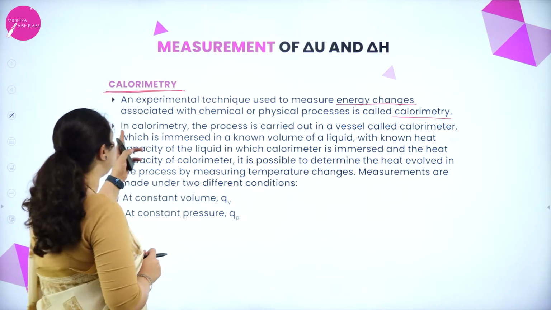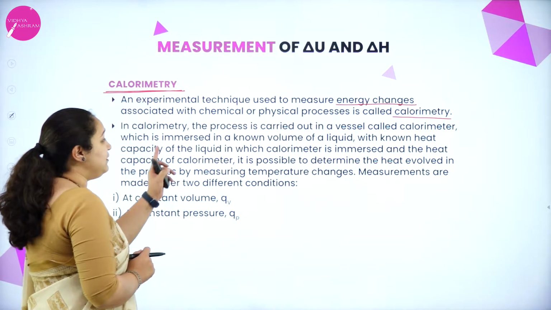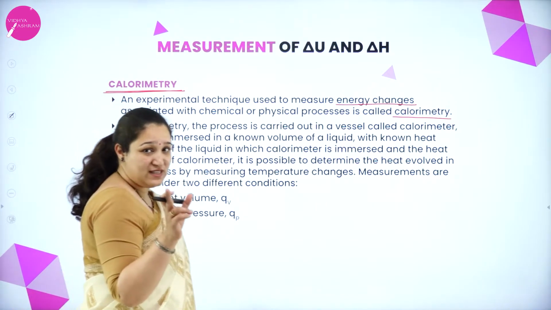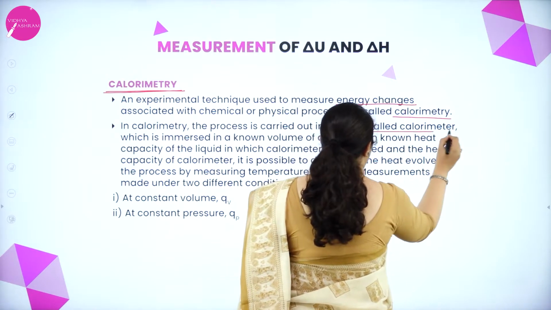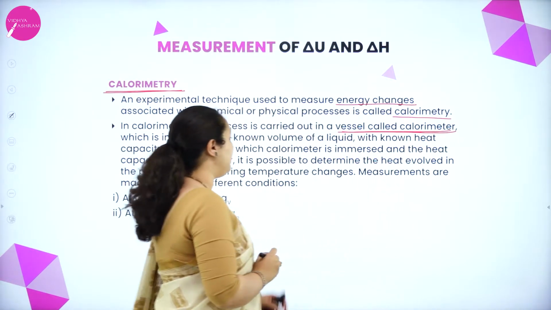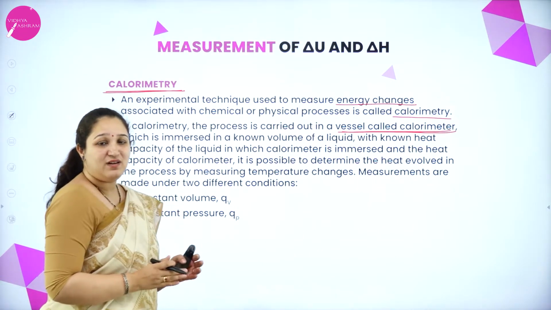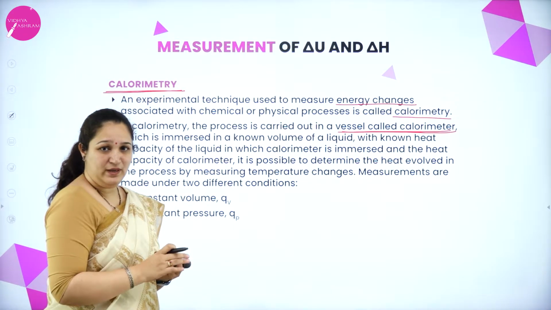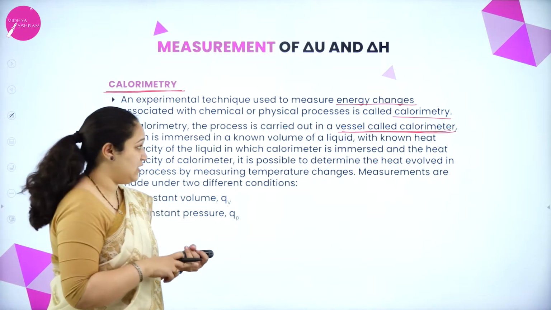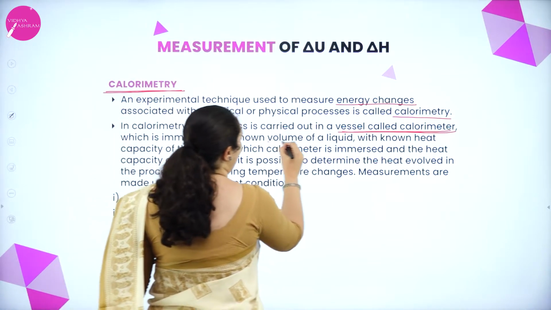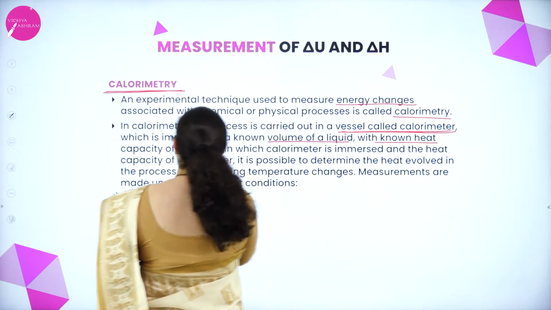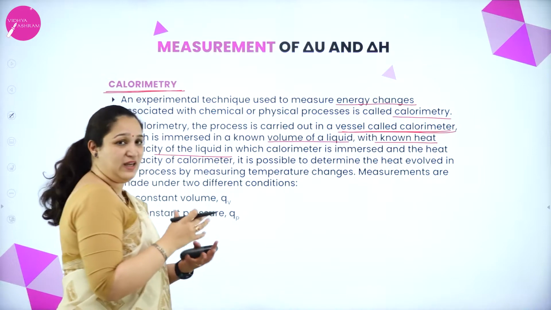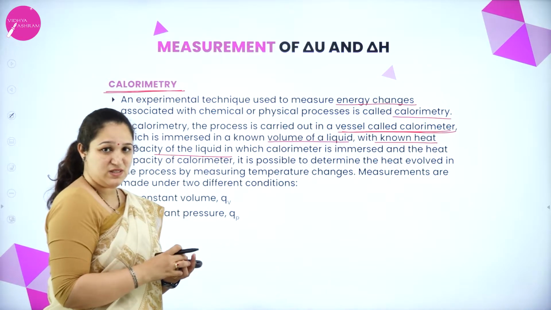In calorimetry, the process is carried out in a vessel called a calorimeter, and this calorimeter is immersed in a liquid whose heat capacity is known. We know the volume of the liquid as well as the heat capacity of the liquid in which the calorimeter is immersed.